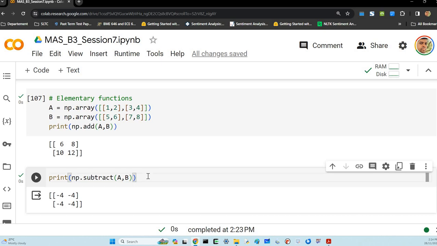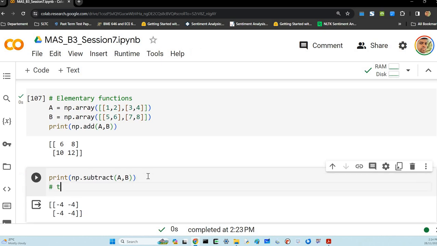So similar to that, try multiply and then divide. In a similar way, try multiply and divide and observe the outcome.